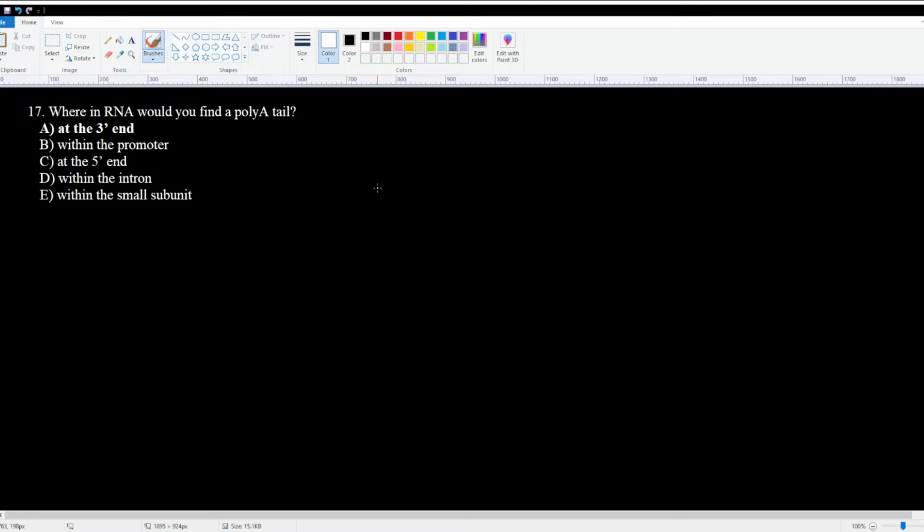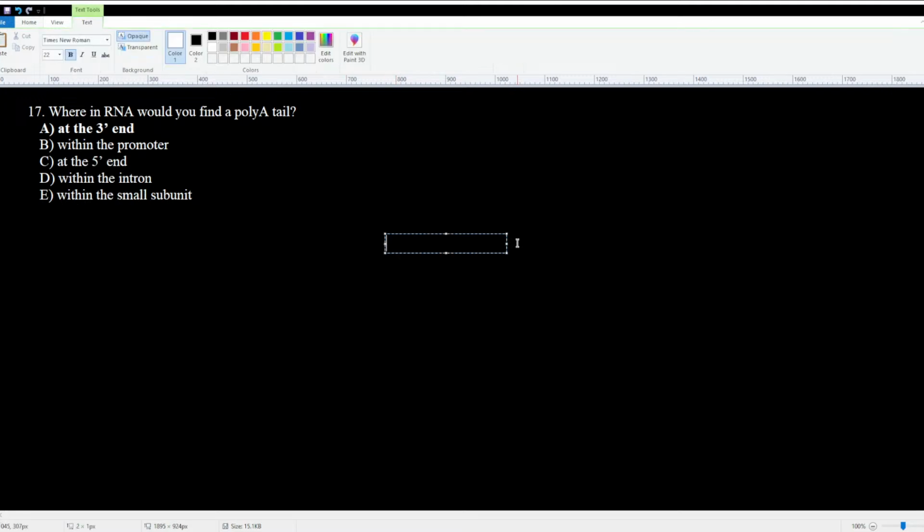For this one, you need to know certain modifications we make to the mRNA. mRNA modifications include RNA splicing, 5' cap, and 3' polyadenyl tail.